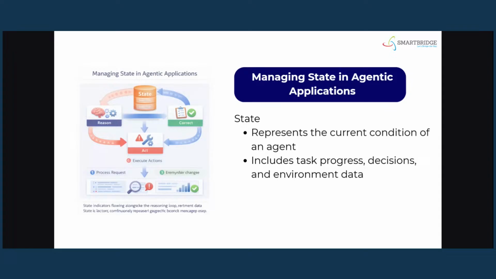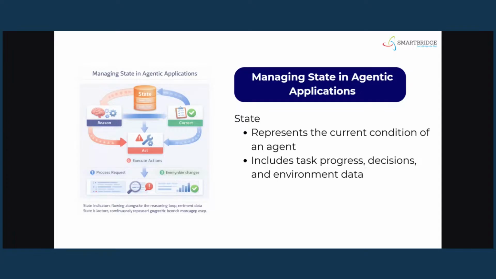Without proper state management, an agent may repeat actions, lose progress, or behave unpredictably. Without good state handling, the system feels unstable and unreliable. With it, the agent knows what it is doing at every moment, and users experience smoother interactions without confusion or error.